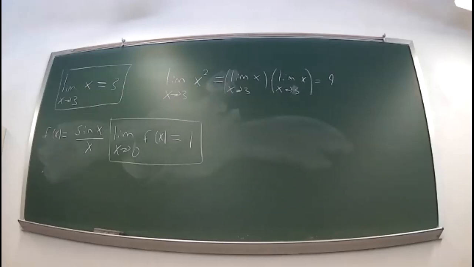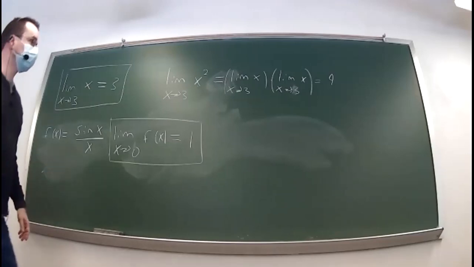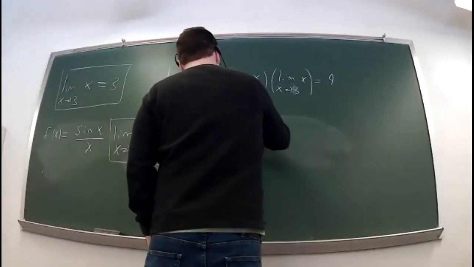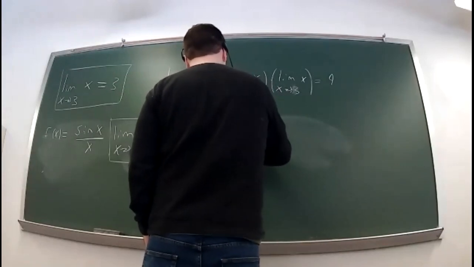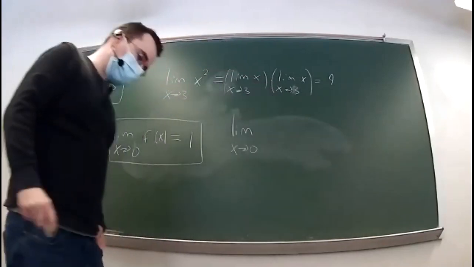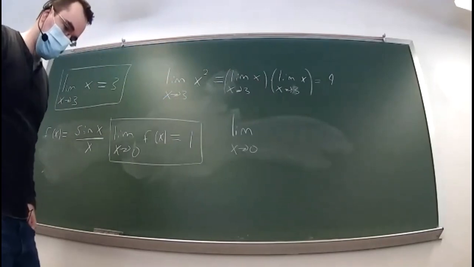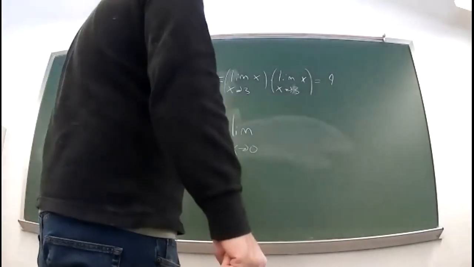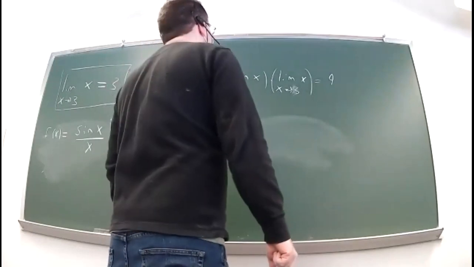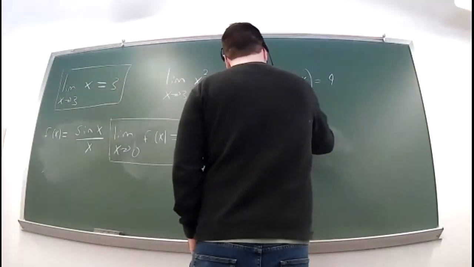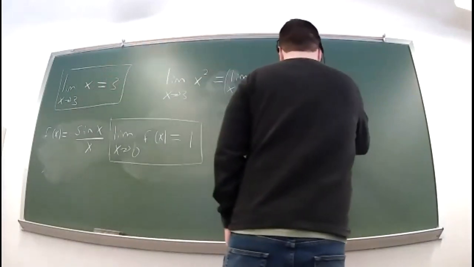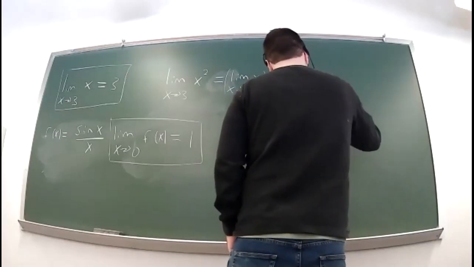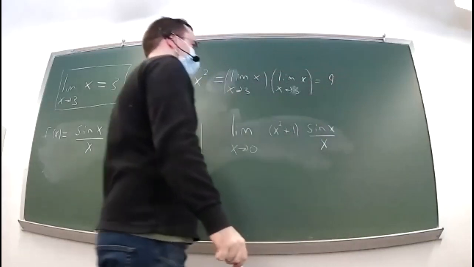Let me give you another example to work on now. So let's take a problem like this. What if I wanted to find the limit as x goes to 0 of, let's say, x squared plus 1 times sine x over x.